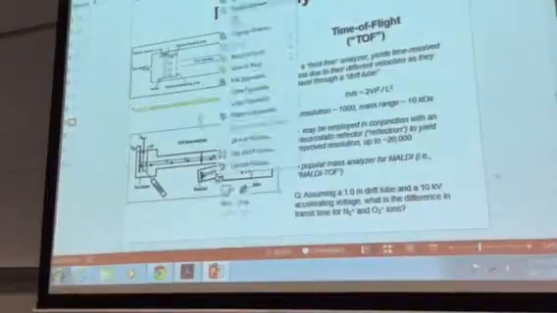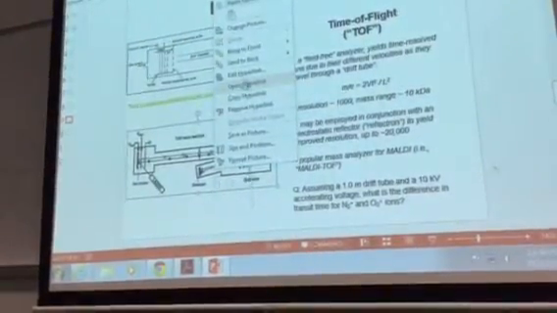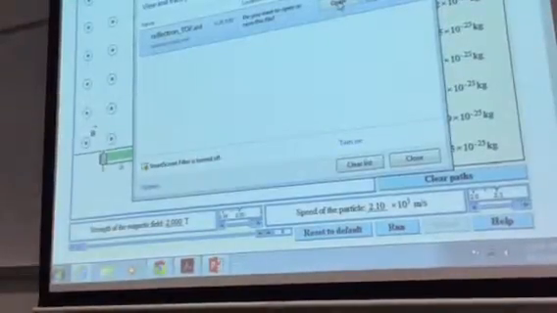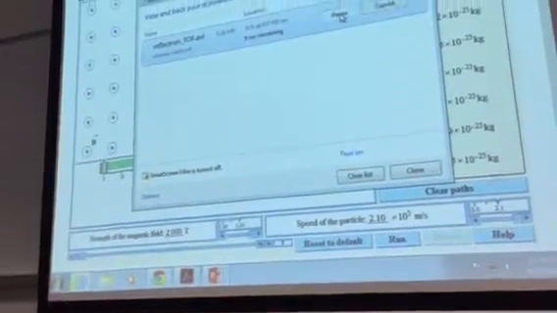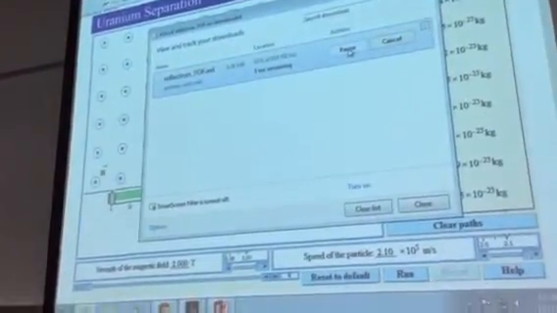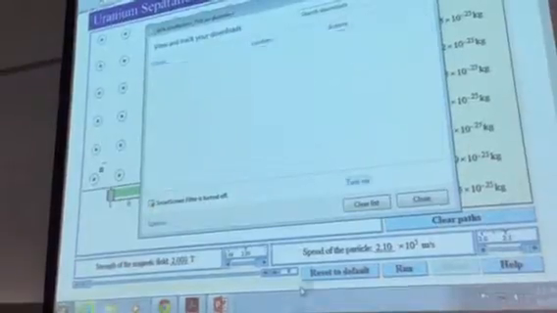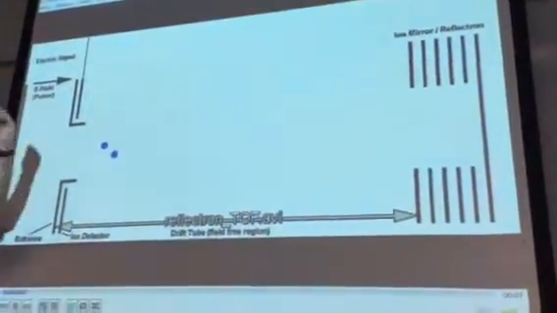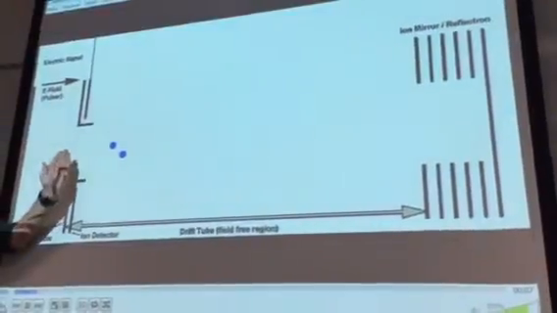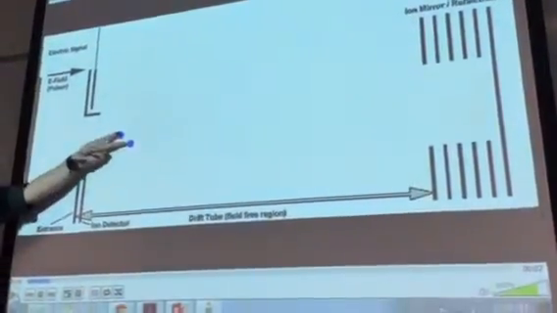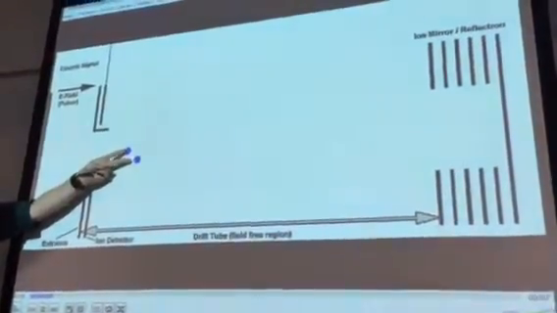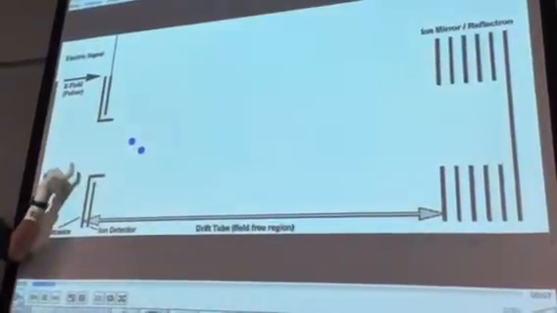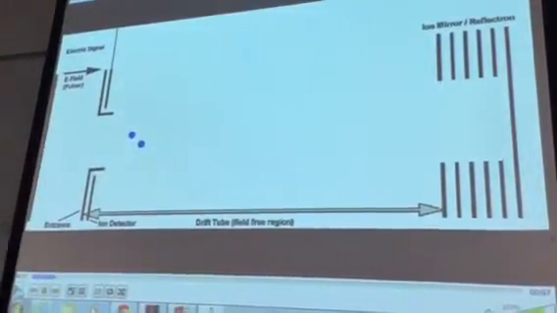Here is a little illustration, a little simulation that might help you see this process a little better than I am helping you see it with my words. Okay, so here come a couple of ions of identical mass to charge ratio. And you can see, we're being realistic, they're actually traveling at slightly different velocities because the ion source is not perfect.